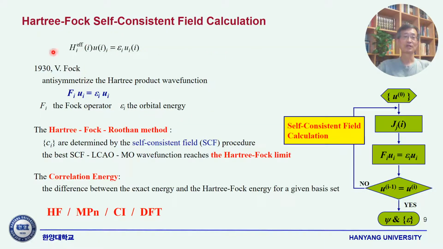Antisymmetrization. So a couple of years later, Fock antisymmetrized the Hartree product wave function, and then obtained the Fock operator, and then used this Fock operator instead of the effective Hamiltonian, and then you do the same iterative method, that is the self-consistent field calculation.